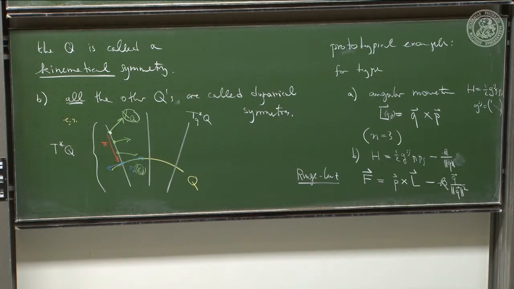And if you want to understand the dynamical symmetries down on the Q manifold, you need Killing tensors.